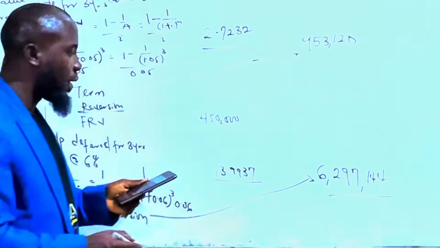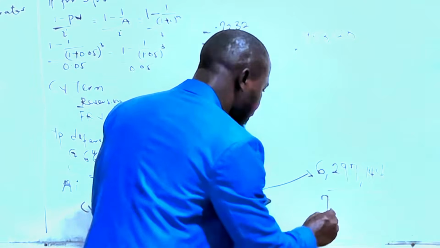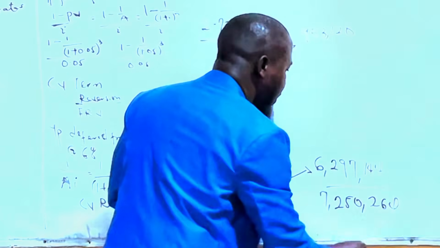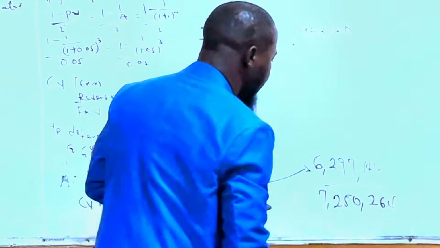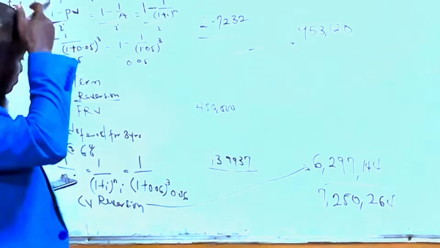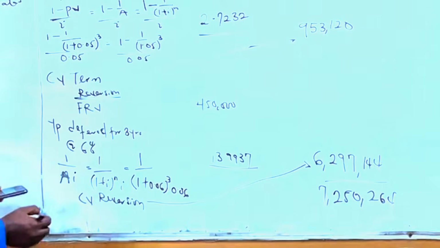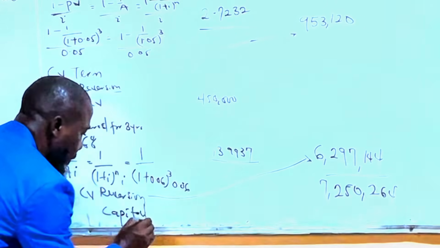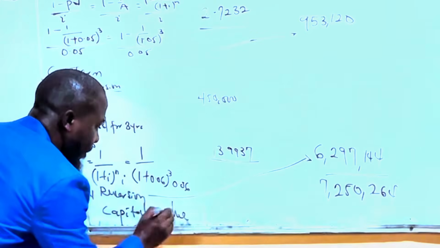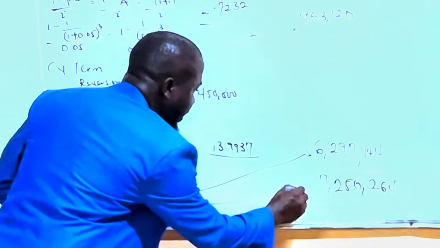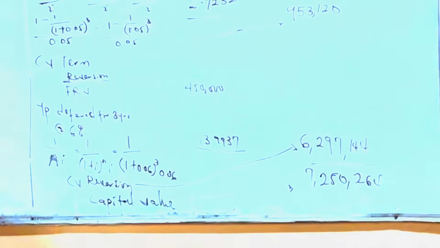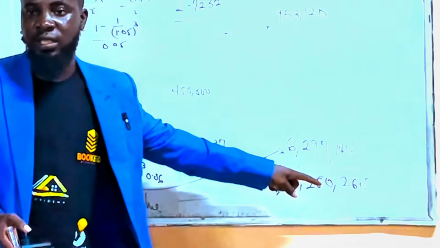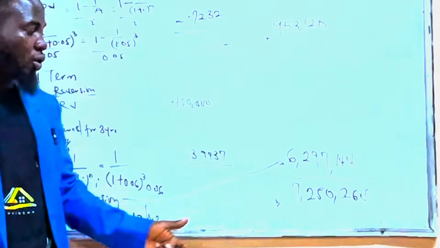When we add them together, we have 7,250,264 as our value. You can approximate this to 7,250,000. So the capital value for the property, after adding the term and the reversion together, is about 7,250,000.